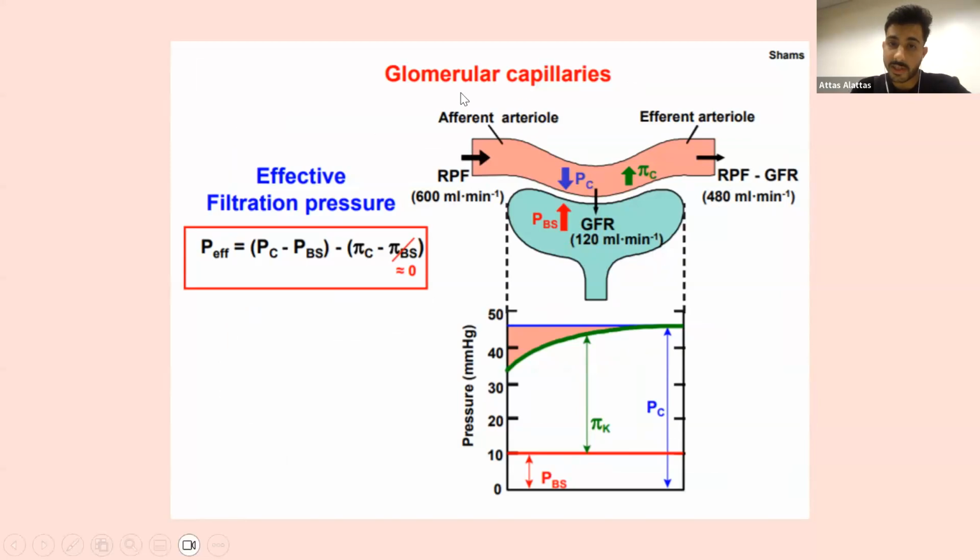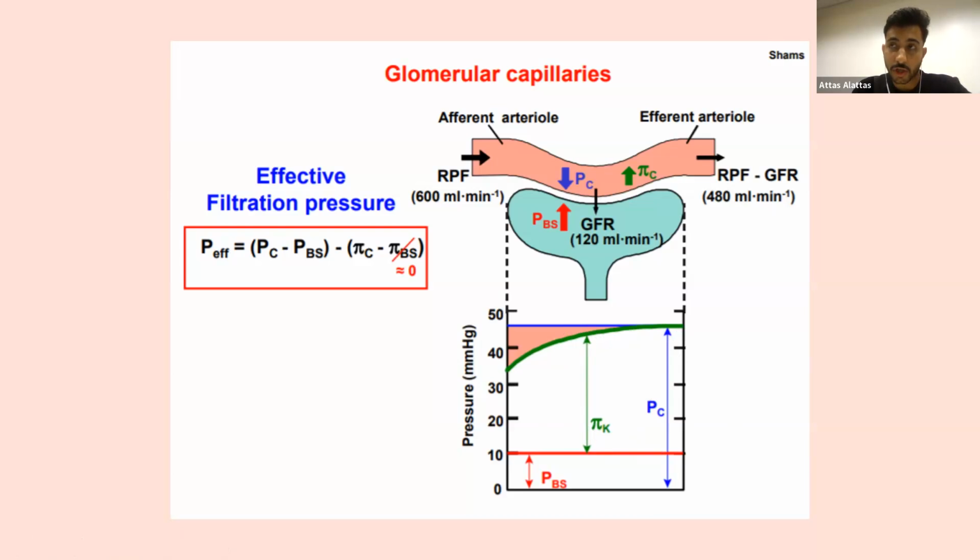So for glomerular capillaries, just one more time, it's the colloid osmotic pressure in the capillary that decides the filtration, because the colloid osmotic pressure will increase to the point where it is equal with the hydrostatic pressure, and then the filtration will stop.